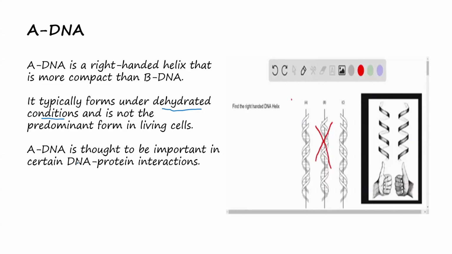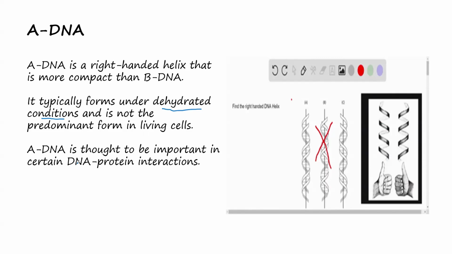A-DNA is thought to be important in certain DNA-protein interactions. So you see, the A-DNA is important in DNA-protein interaction. DNA interacts with DNA, protein interacts with protein, and then DNA also interacts with protein.